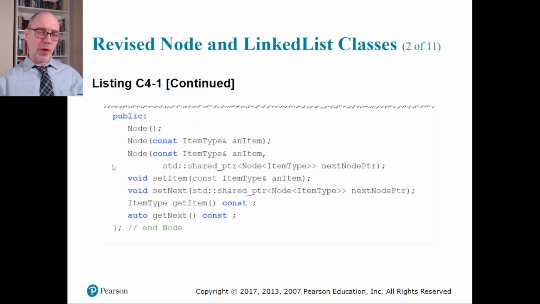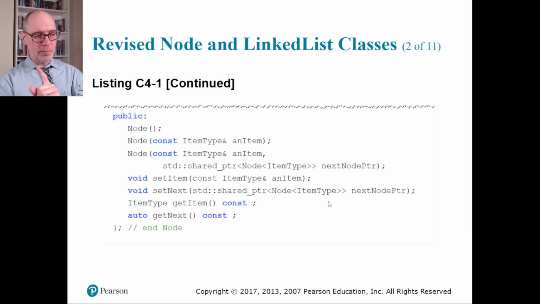So the functions in the node class that previously referred to raw pointers, they just become shared pointers. So we have our third constructor here that takes the item type and also a pointer to what's supposed to be the next item in your chain and fills in both of those data members there. So obviously that becomes a shared pointer.